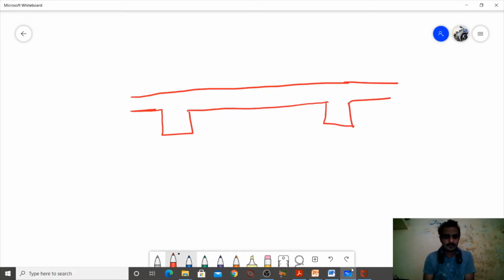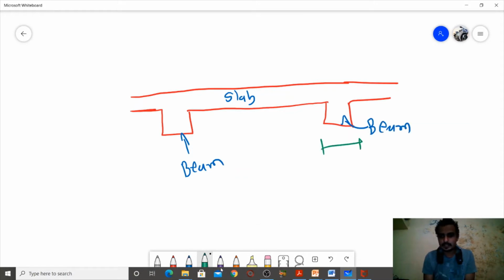Okay students, here is a slab and a beam. The beam dimension is 230 mm width and overall thickness is 450.